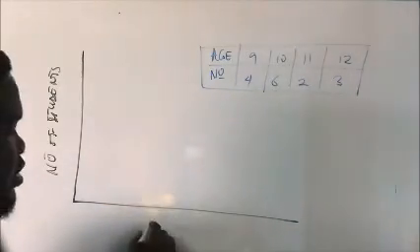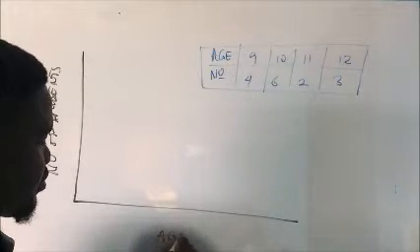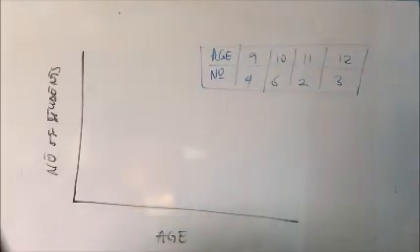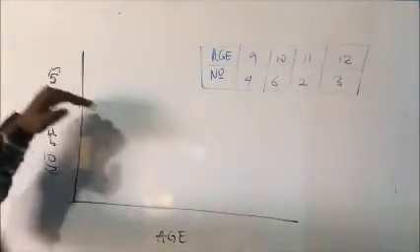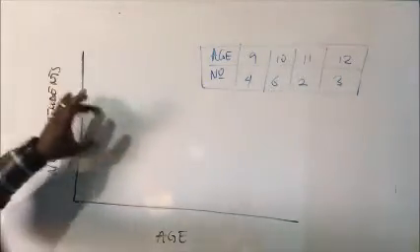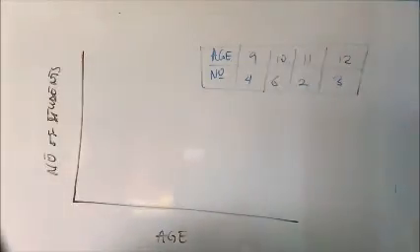Then my x-axis becomes age. So if you take your graph, you realize your graph has been demarcated into various boxes. So if you are using any box, make sure you maintain the interval. Make sure you maintain the same interval.